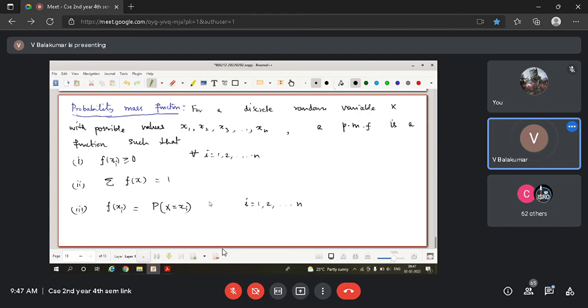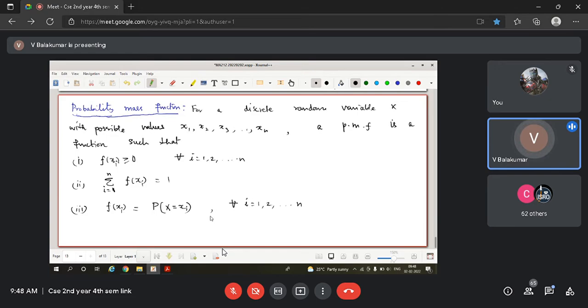For all i equal to 1 to n, this is happening. Here the summation is for all these possible values. This is it. Here also I should write for all. This is the definition of probability function.